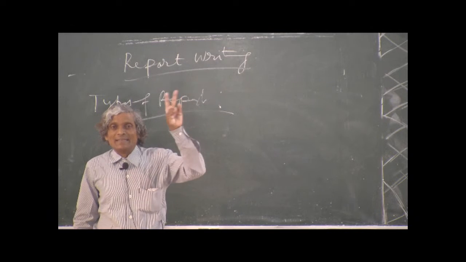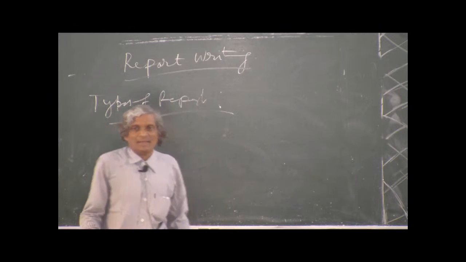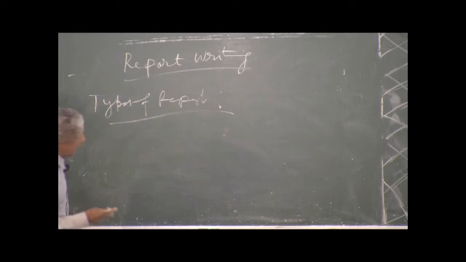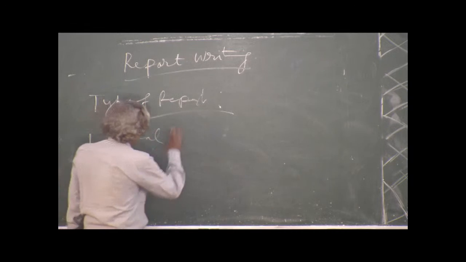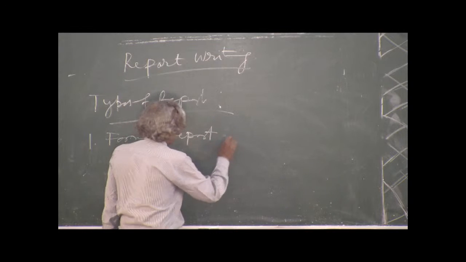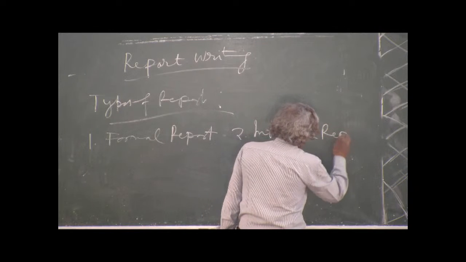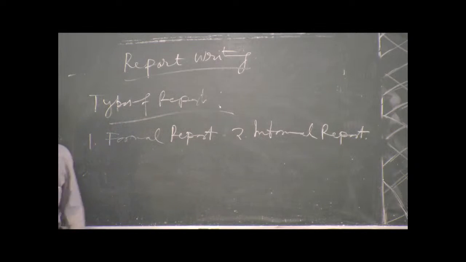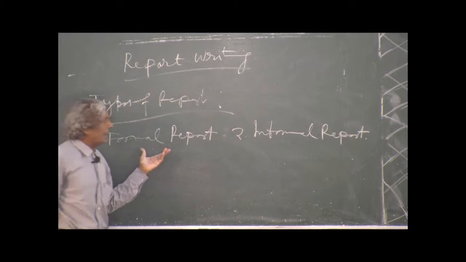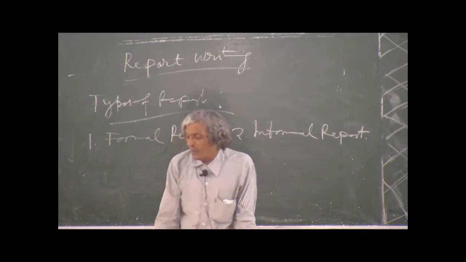Okay? You can say there are two kinds of reports: number one, formal report, and number two, informal report. Now let us know about them, what they are.